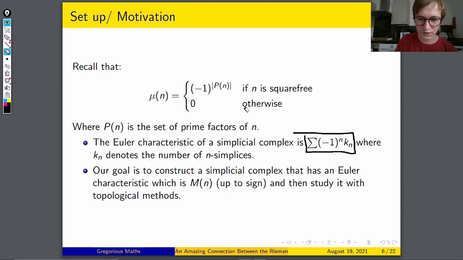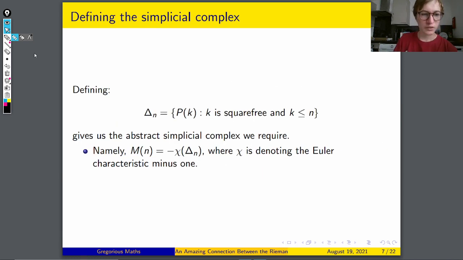Because this is going to give us an alternating sum when we sum all of these, and this is obviously an alternating sum, so we just need to artificially construct such an abstract simplicial complex.